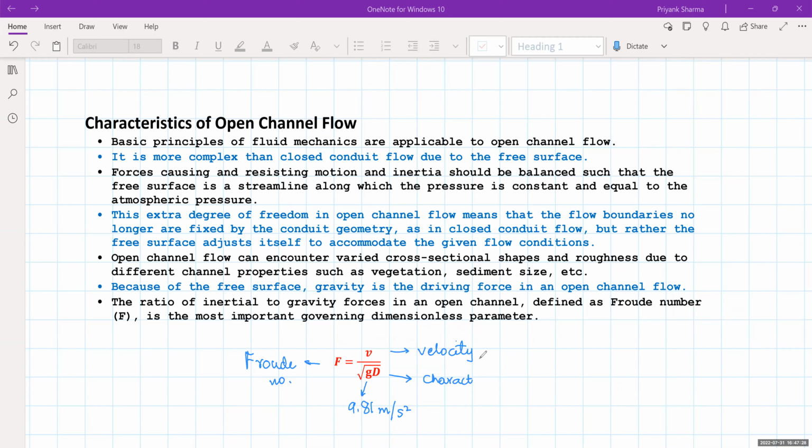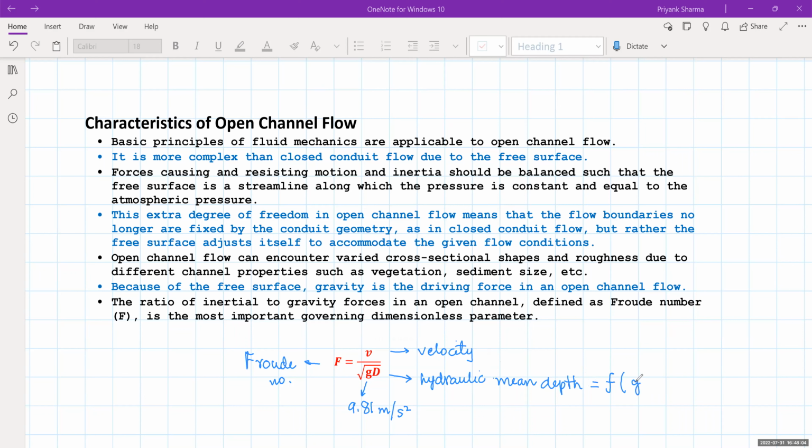Or you can call it a hydraulic mean depth, depending upon the surface. It will vary. So you can also call it hydraulic mean depth, and it is a function of the geometry.